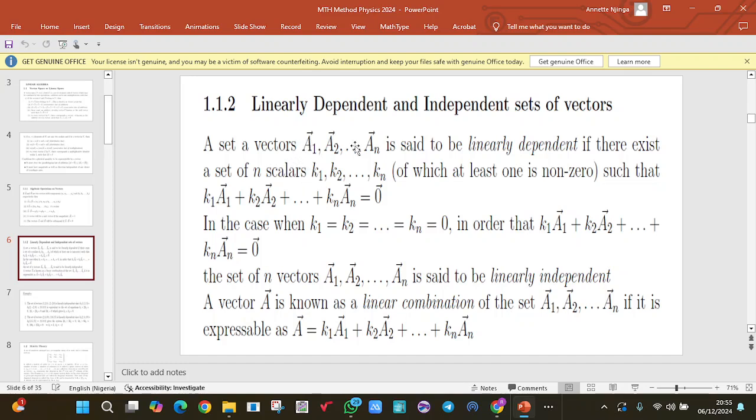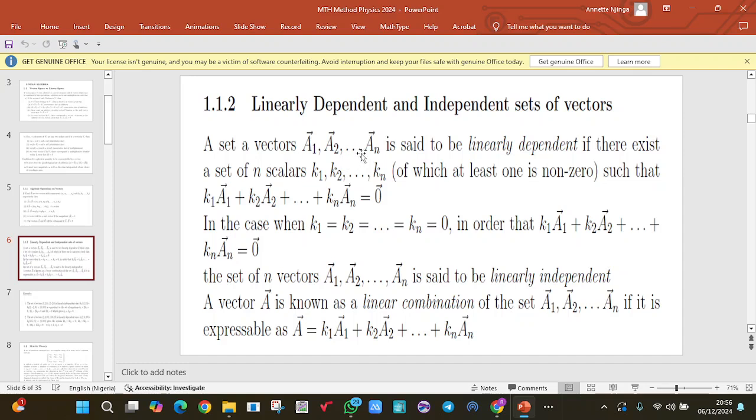So this is vector 1, vector 2, vector 3, and these are the scalars k1, k2, such that when you add these up it is equal to 0. It therefore implies that this is linearly dependent. Now to prove it, in this case, k must be equal to k1 must be equal to k2 must be equal to 0. If all these k's are not equal to 0, then this thing cannot be linearly independent. I mean linearly dependent. Is that clear?